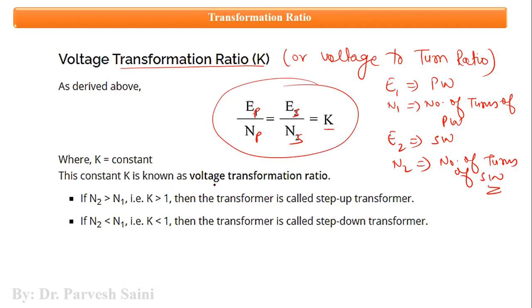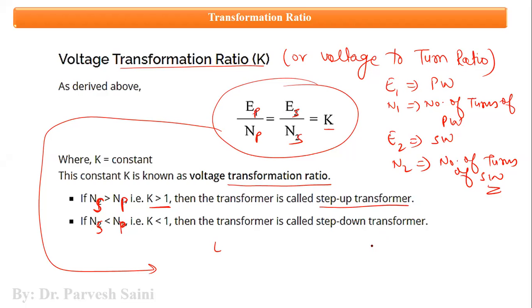Now, what does transformation ratio signify? It generally gives us an indication of whether the transformer is a step up transformer or a step down transformer. So if the number of turns of the secondary winding are greater than the number of turns of the primary, it is a step up transformer. So it can be like we have a core type transformer, where the number of turns in the secondary are greater than this one.